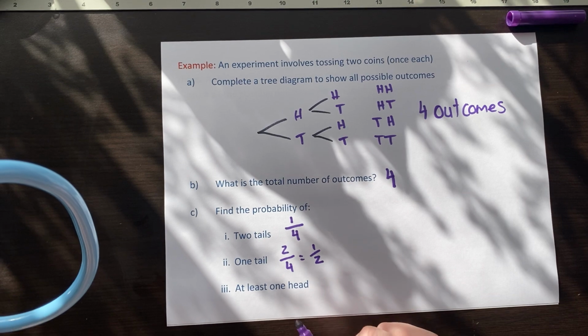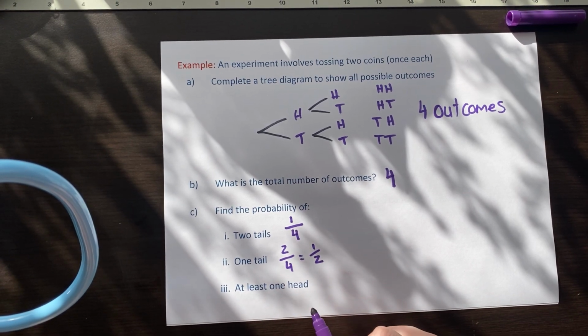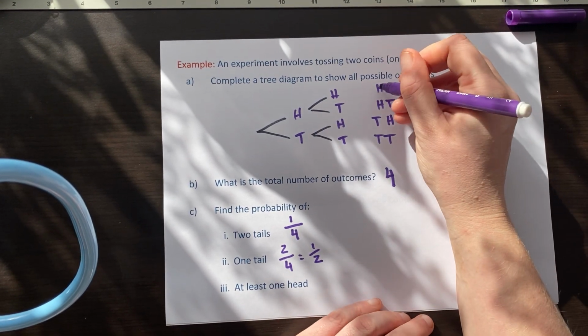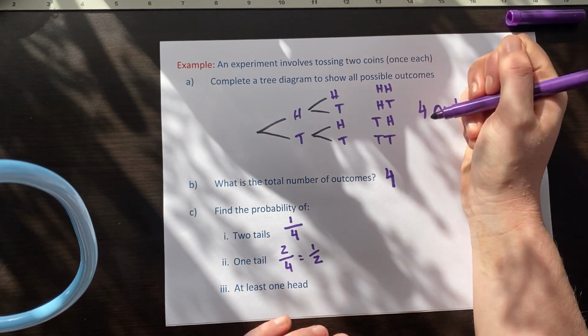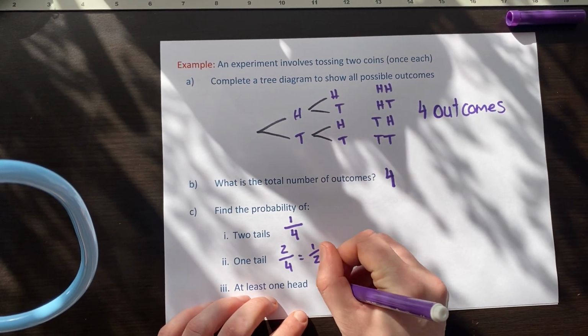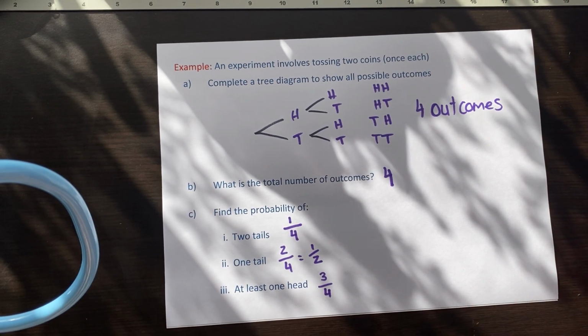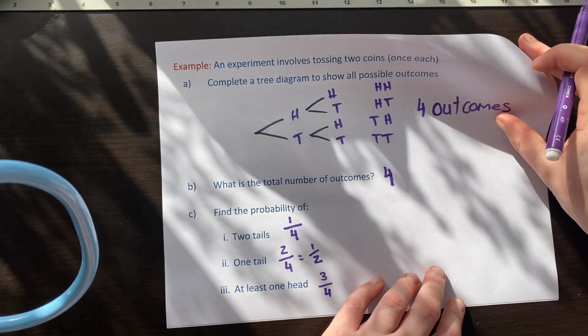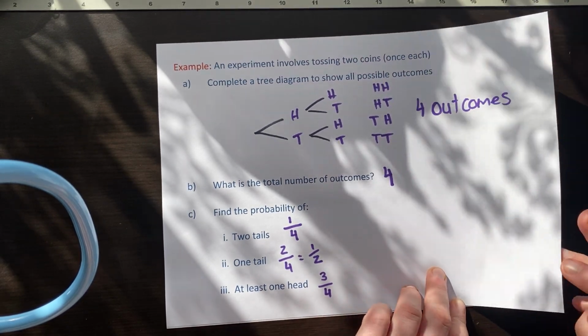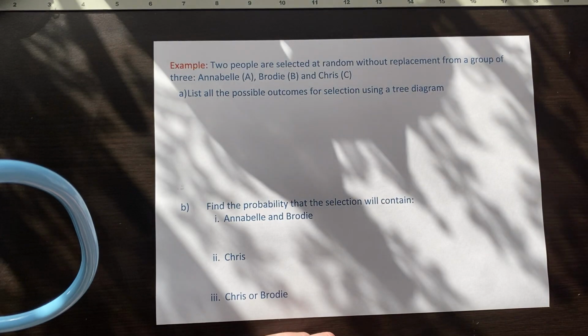Our last one is at least one head. That's got one head minimum, so you've got 3 out of 4. When it says at least, it means it can have one or more. That's actually it for the question.